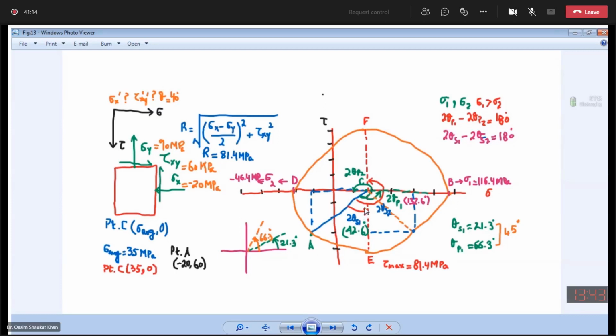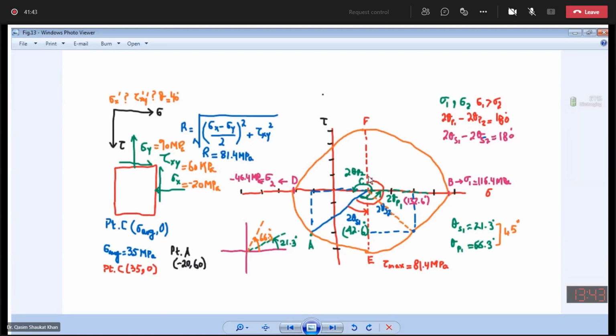Then we can also calculate 2 theta S2. Moving from the reference plane CA towards CF, I will get the value of 2 theta S2. That will be basically 42.5 degrees plus 180, so this will be 222.5 degrees.